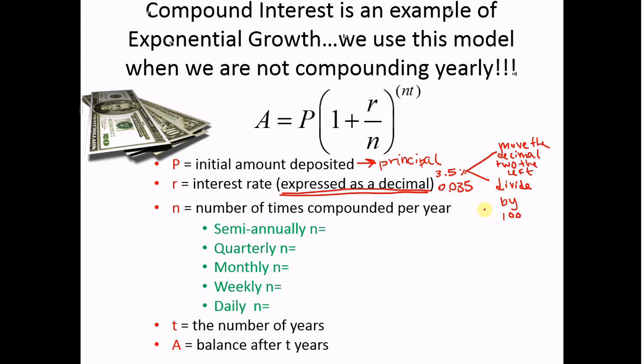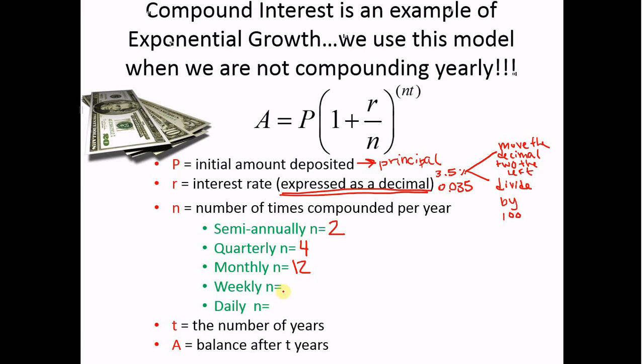N is the number of times compounded per year. And they'll tell you in the problem how many times it's going to be compounded. So if they say semi-annually, your N is 2. If they say quarterly, quarter, 4. Makes sense, right? Monthly, there are 12 months in a year.